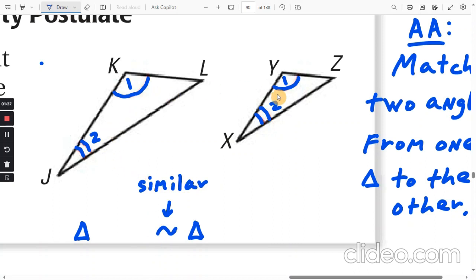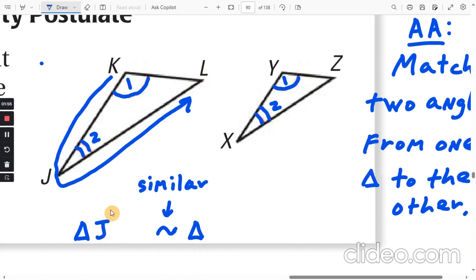We have to trace both triangles the same way. If I go from the vertex point, from angle 1 to angle 2, and then the last letter, that's going to be K, J, L.